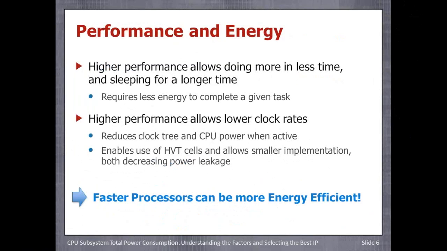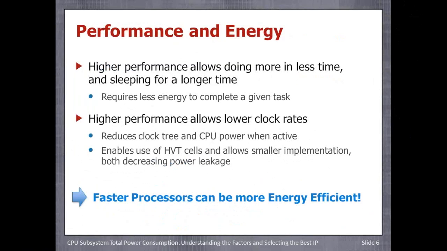Alternatively, higher performance can be used to operate at a lower clock rate. And when you operate at a lower clock rate, you get reduced power for your clock tree and the CPU. Also, with a lower clock frequency, timing closure is easier.